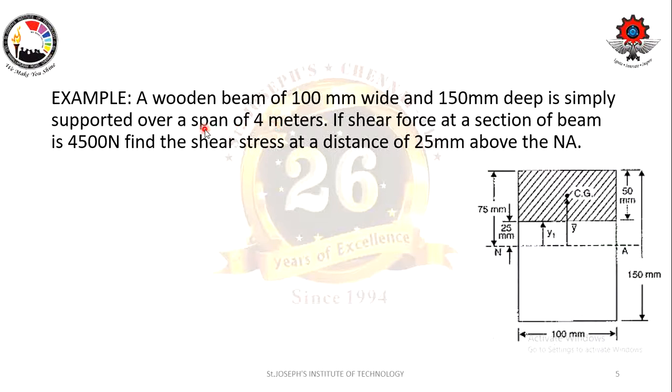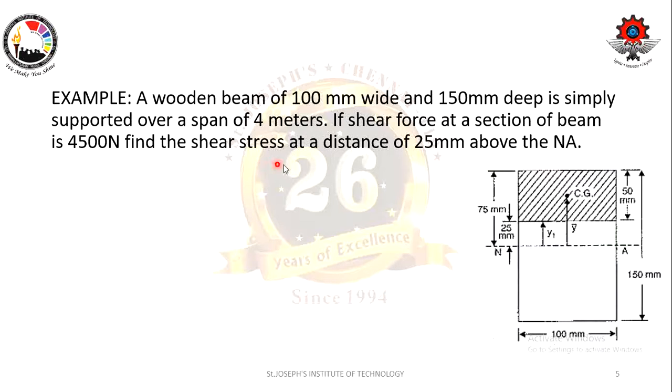The span is not that important. In some cases, the span will be useful, but for finding the shear stress, the span is least bothered. If the shear force at the section of the beam is 4500 Newton, definitely we need the shear force because tau is equal to F into A into y bar divided by I into B. So F is definitely needed.